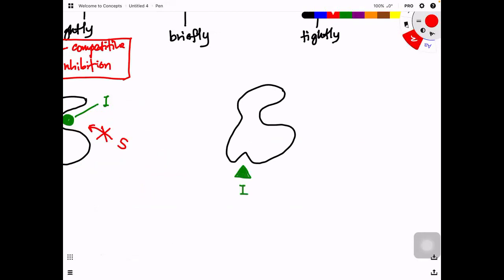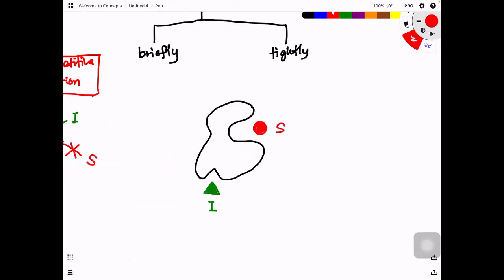The substrate will bind here. So you can see that the substrate and inhibitor are not competing for the same sites, correct or not? No matter whether the inhibitor binds or not, the active site is free, because the inhibitor won't bind to the active site in this case. So this kind of inhibitor, we term as non-competitive.